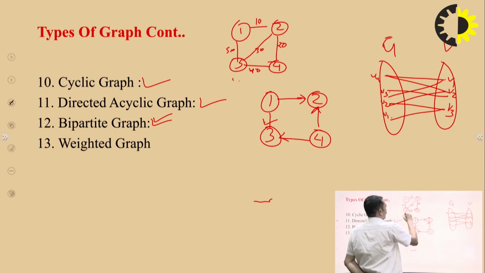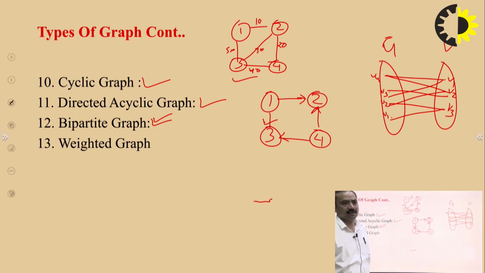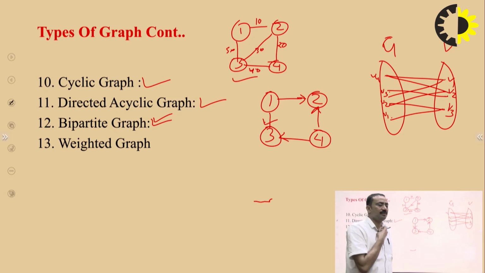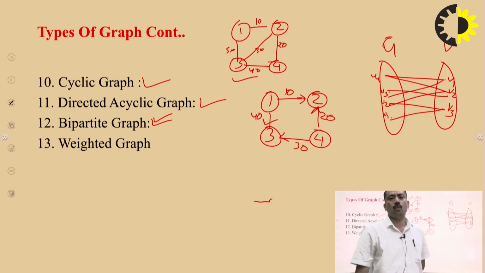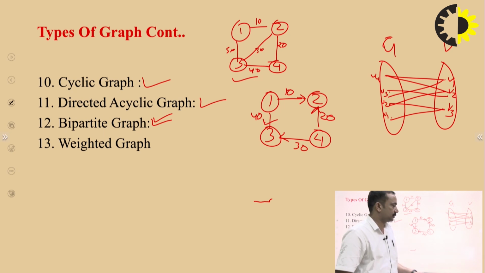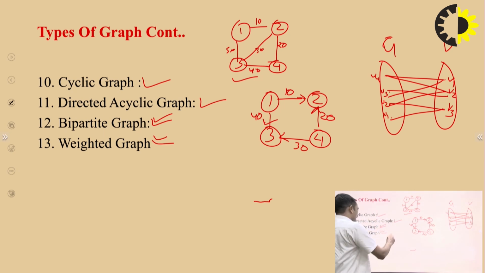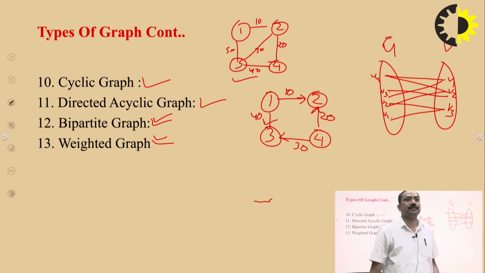So this graph can be an undirected weighted graph, and if we assign weights to edges in this graph, we can say this is a directed weighted graph. So these all are the types of graphs.